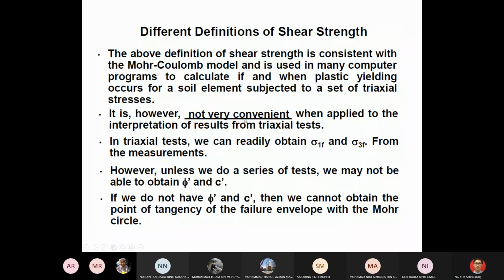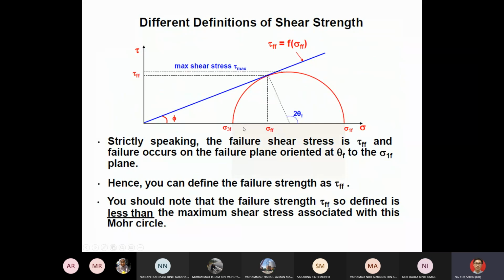Again, just now I mentioned that if we want to get this point, it is not so straightforward because we need to plot the Mohr circle first. Especially, we need a series of Mohr circles, then only can we get the correct Mohr-Coulomb failure envelope. But if you want to find the maximum shear stress point here, it's easier, right?